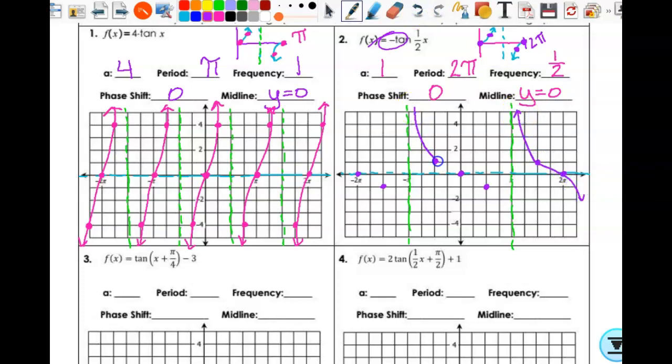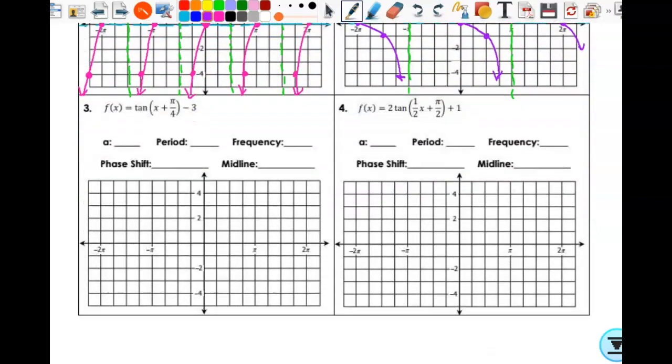Remember, you have a point of inflection, so point of inflection is where it changes from being concave up to concave down. Like so. Any questions about any of that? We're good? Awesome. All right, let's look at number 3.